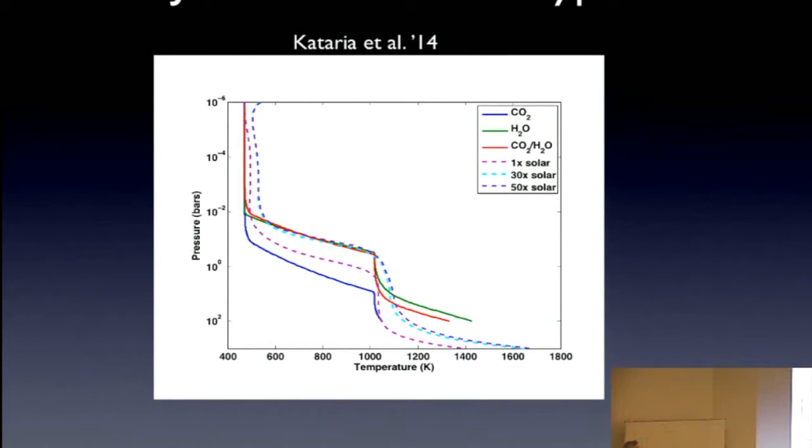Here I have 1 bar, and here I have 10 millibar. If you look at the difference between 1 times solar and water, green is water and 1 times solar is this pink dashed line, you get a very significant change in the depth of the infrared photosphere.